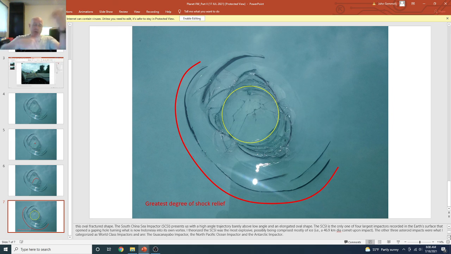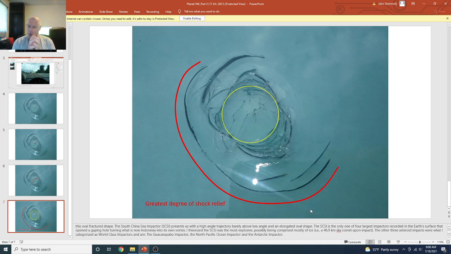Ping, ping, ping, ping, ping, all over the place, and hopefully it doesn't ping into your face or your eyeball. All right, now, I theorized the SCSI was the most explosive, possibly being comprised mostly of ice. That is a 46.9, approximately 46.9 kilometer diameter comet upon impact.